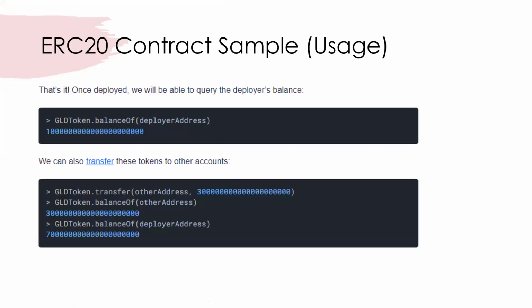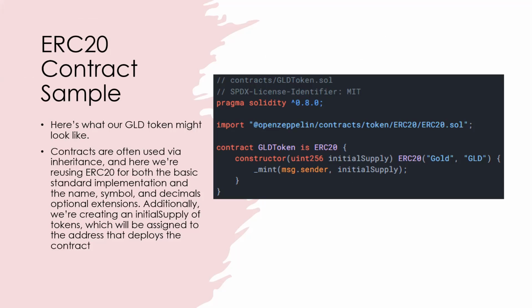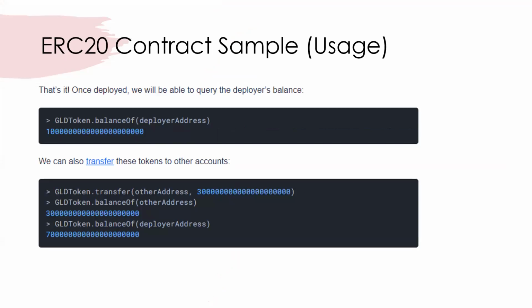This is the usage of the contract that we created. We can check the balance of the deployer address. That's a lot of zeros right there. And you can also transfer to other accounts, and you could also check the balance of this gold token on other addresses.